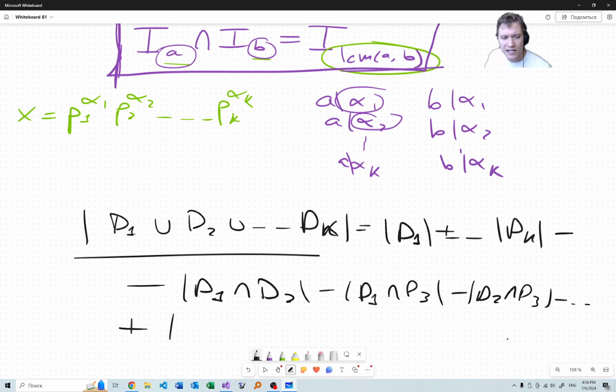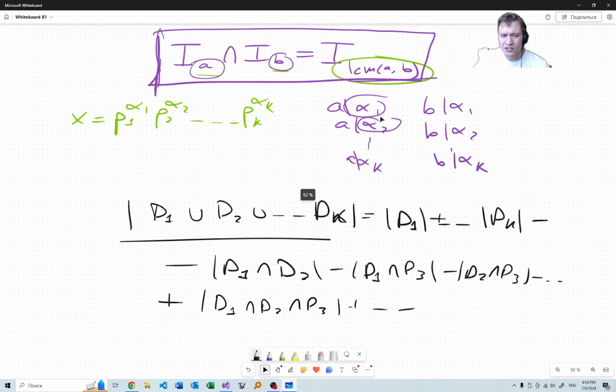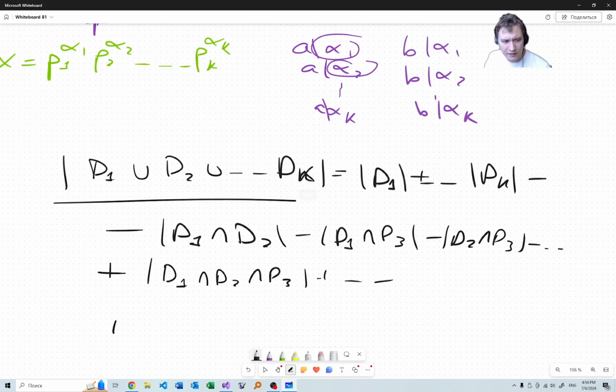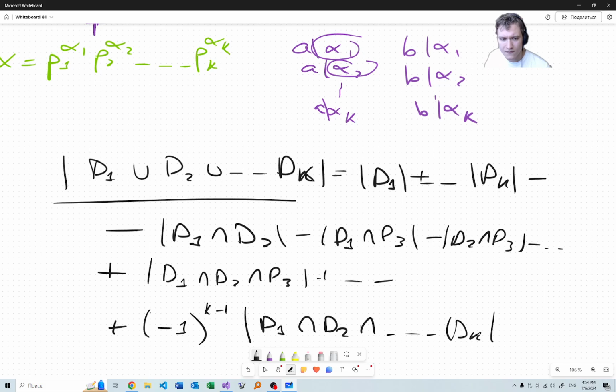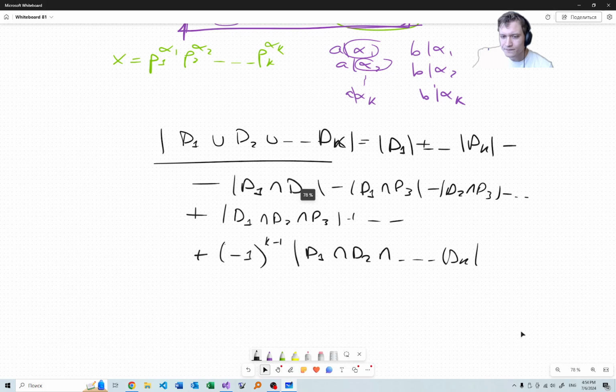Then you need to add the sizes of 3-fold intersections. And so on, and in the end, you add or subtract the total intersection of all sets. Okay, so this is our inclusion-exclusion formula.